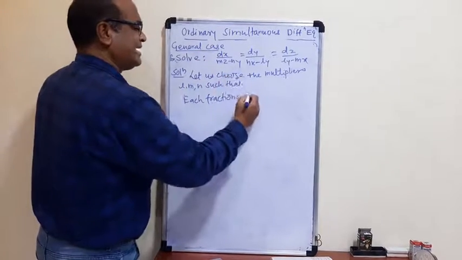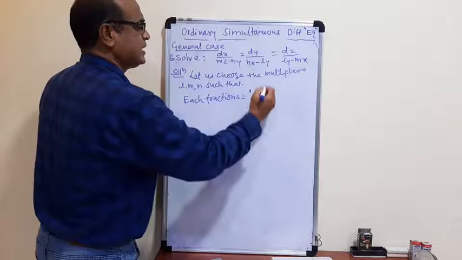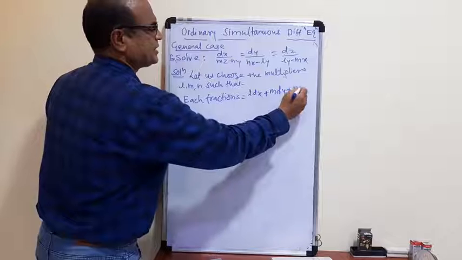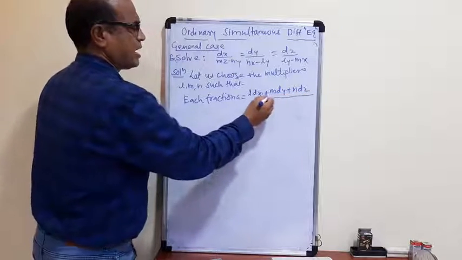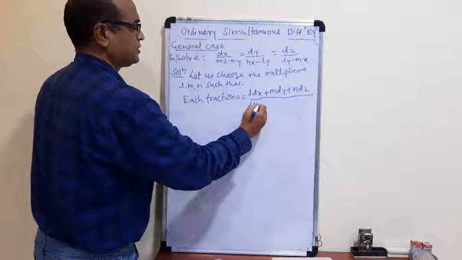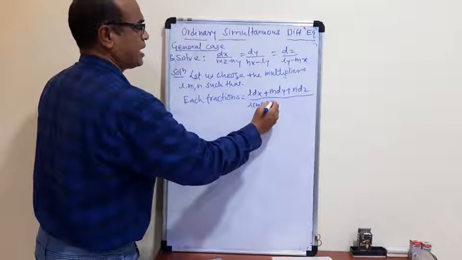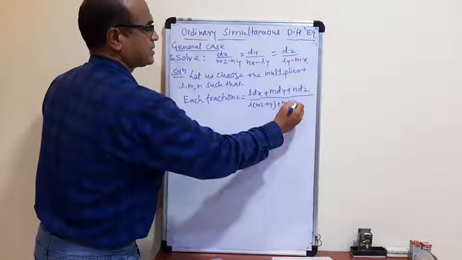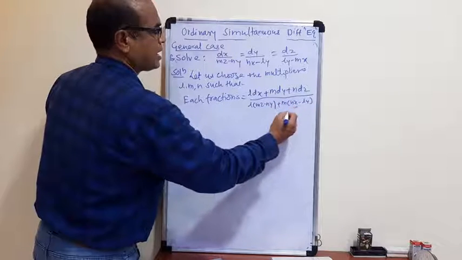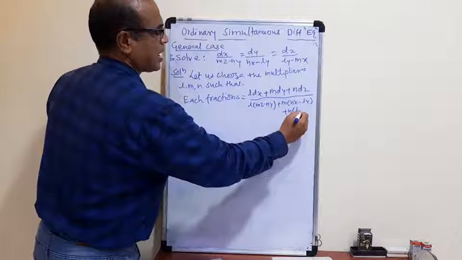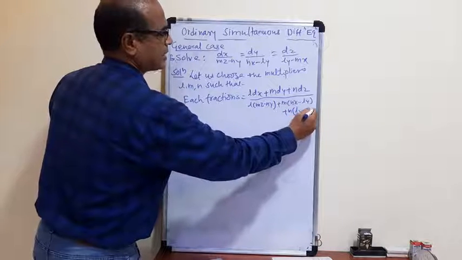The multipliers are L, M, N. So that is L dx plus M dy plus N dz divided by L(mz minus ny) plus M(nx minus lz) plus N(ly minus mx).